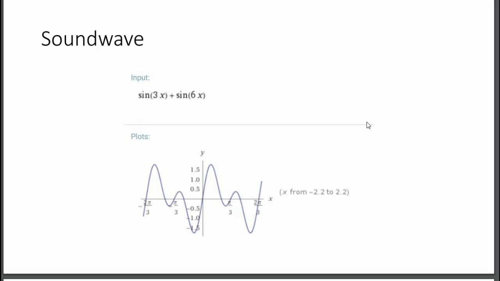So you can sum them if you are considering sound as music. So the sound is just a sum of sine of something times x, which is just an integer times a constant, usually for the same system.